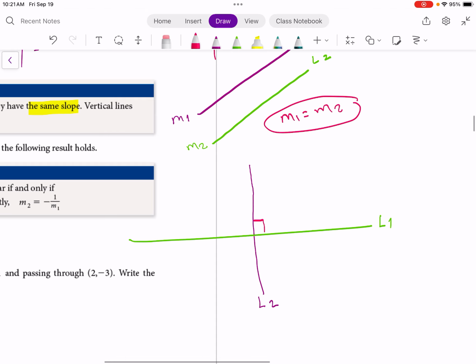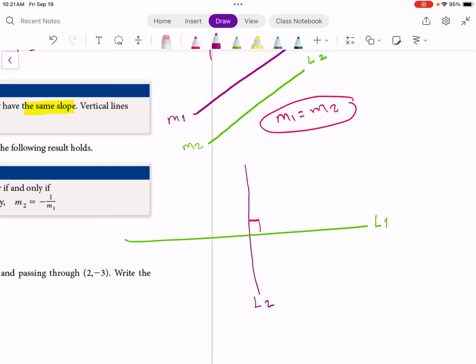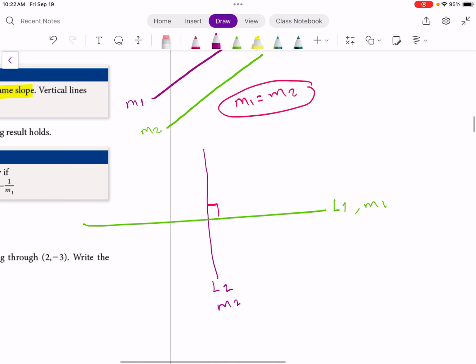If this is the case, then consider the product of the slopes of these two lines. Let me call M1 the slope of line 1 and M2 the slope of line 2.